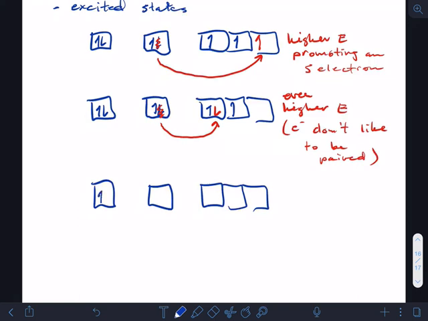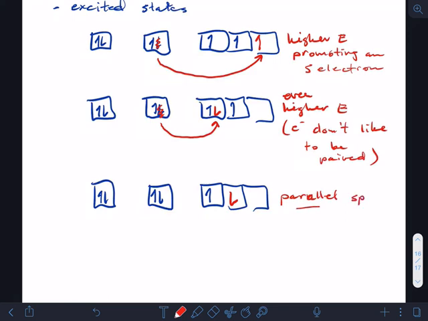So the third way that we can make an excited state is to simply flip one that's already in its current place.